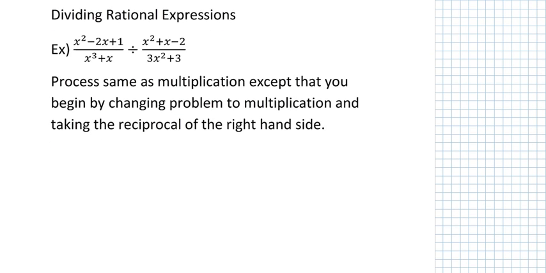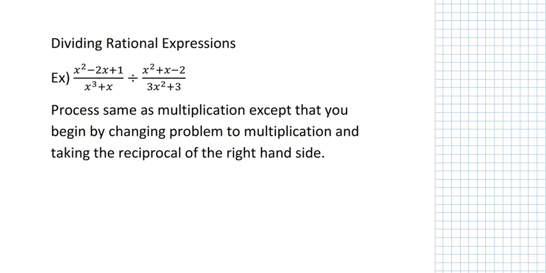Dividing rational expressions. Same process. So let's factor first. When we factor the top, we get x minus 1 times x minus 1. When we factor the bottom, take out an x, and you're left with x squared plus 1.